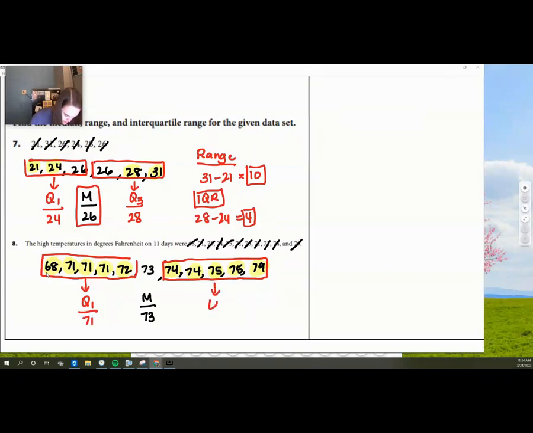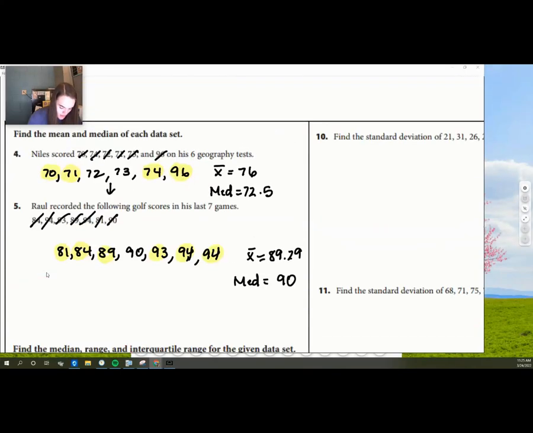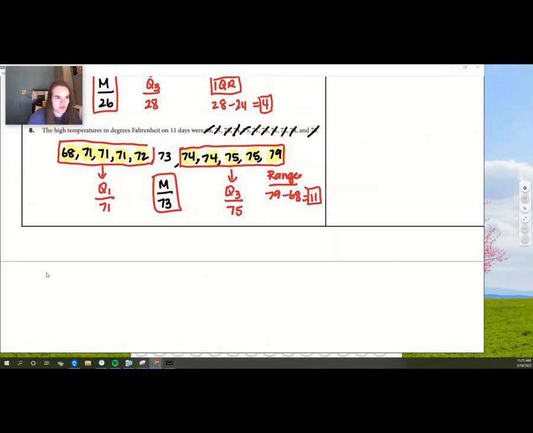And the middle is Q3. Okay, now range is 79 minus 68, which is 11. And we had our median already. And our IQR, don't know what happened there, sorry. Our interquartile range is 75 minus 71, which is 4. So there are three pieces that they asked for.